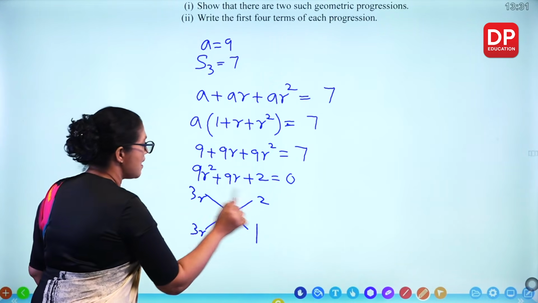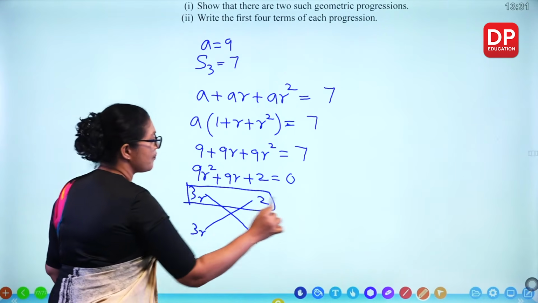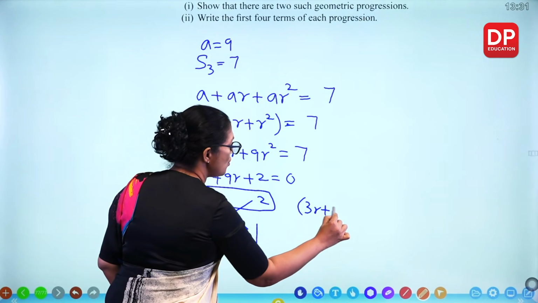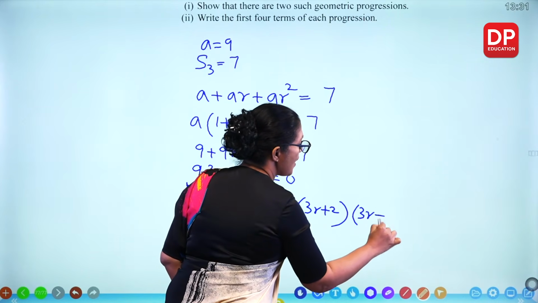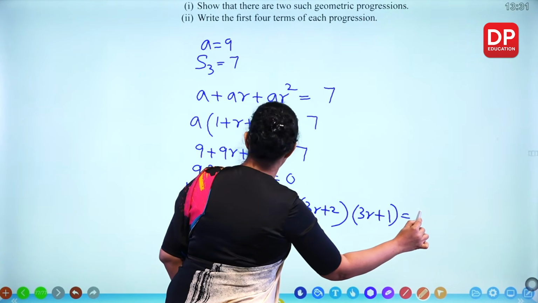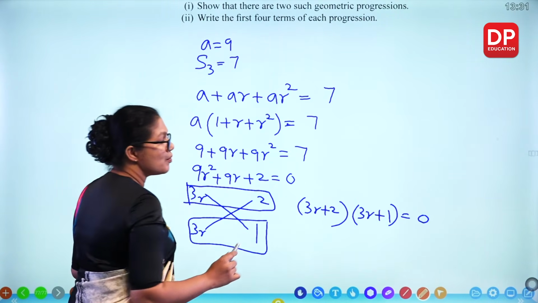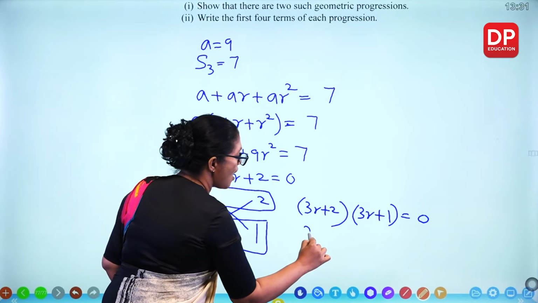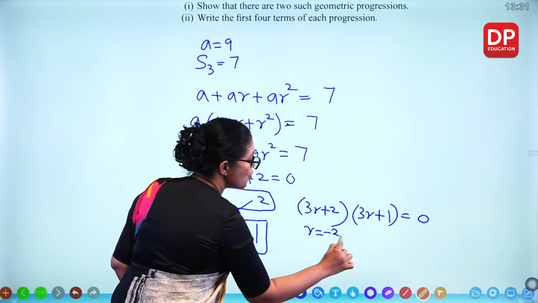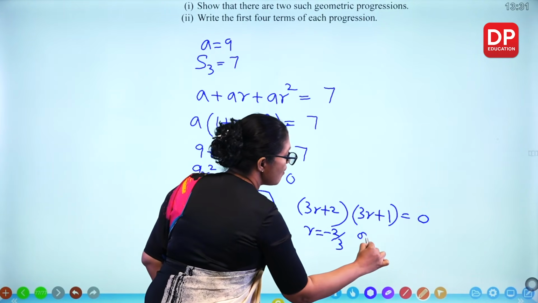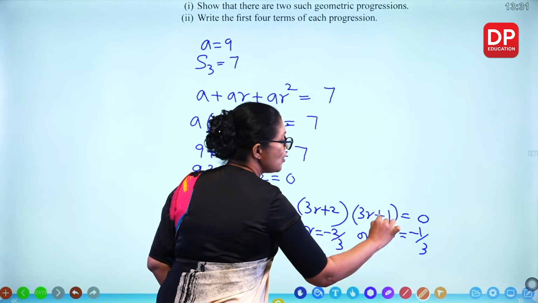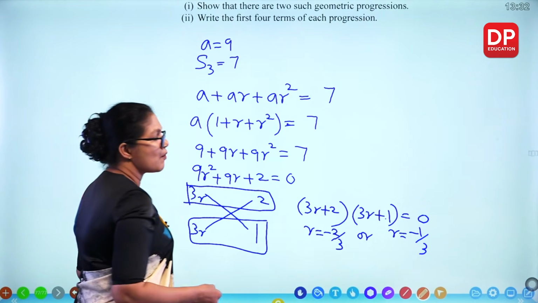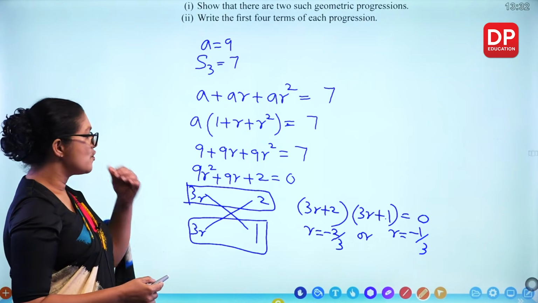So that means the factors are 3R plus 2 and 3R plus 1. So when you equate to 0, R is minus 2 over 3 or R is minus 1 over 3. Because when you equate to 0, take 1 to the other side, you get these two R values.